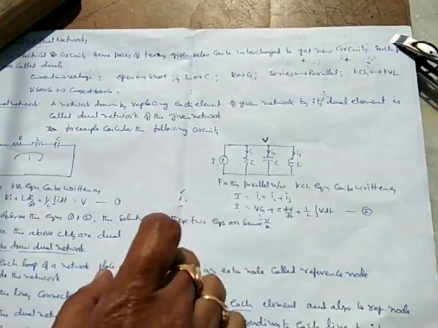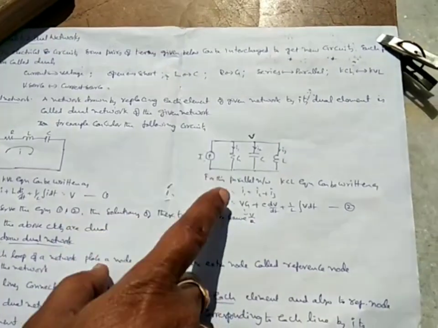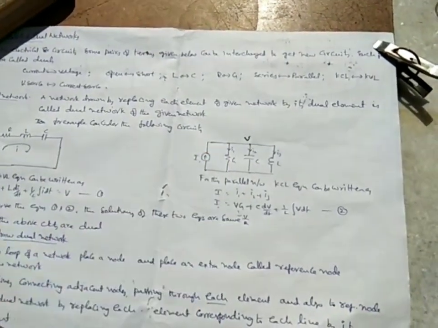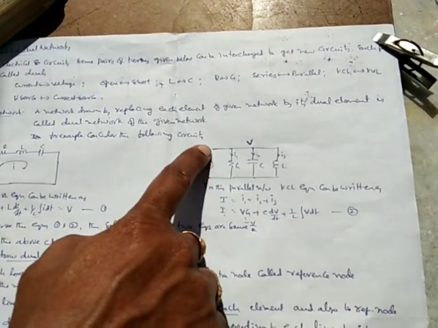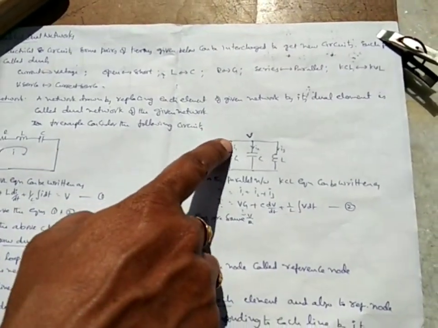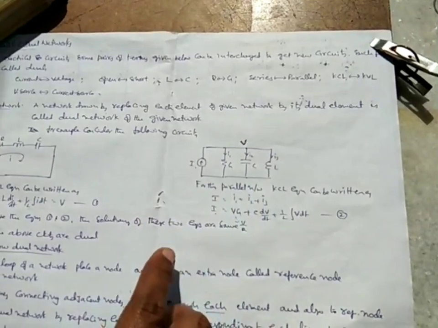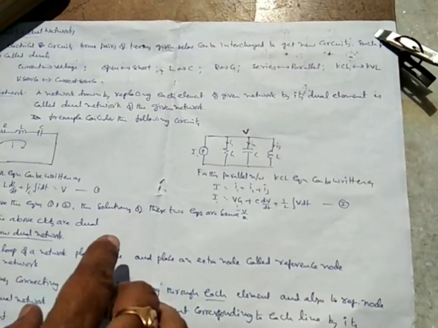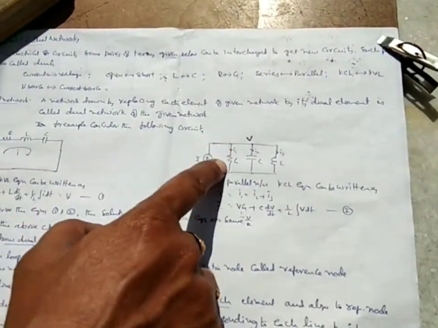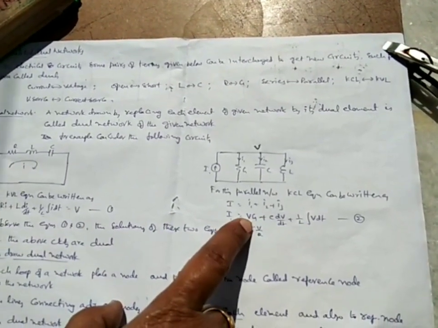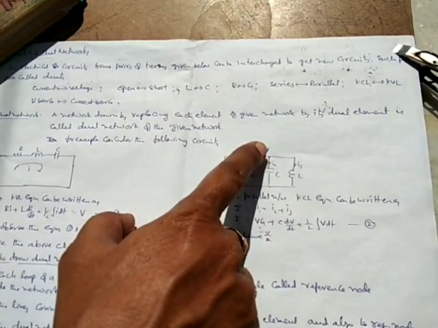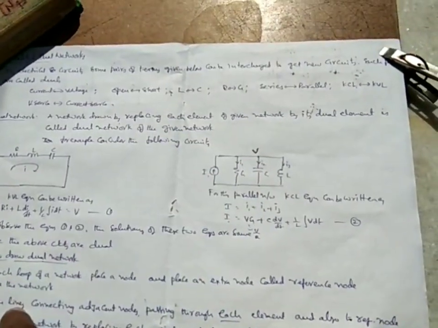Similarly, this is the parallel circuit. Here the describing equation will be the KCL equation, that is equal to the sum of currents. The source current I equals I1 plus I2 plus I3. That is written here. I1 is the current through this conductance. That can be written like this: V into G, the product of V and G, where V is the voltage of the circuit.